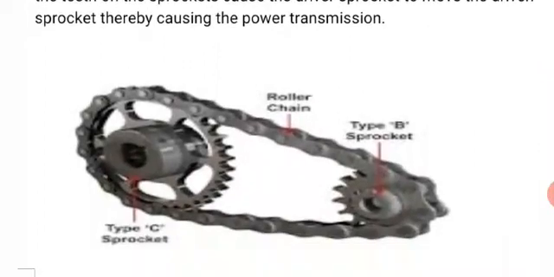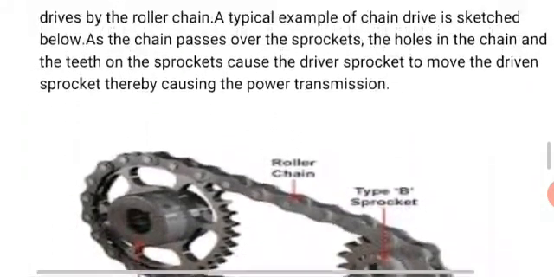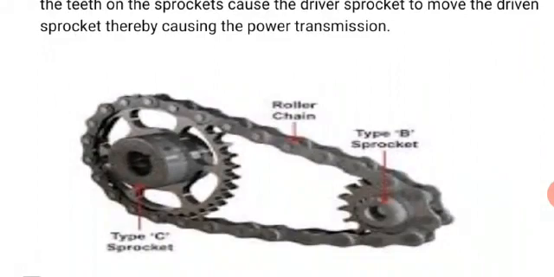Let us see a typical example of a chain drive. This is a typical example of a chain drive. It has two sprockets, named type B and type C, and we also have the roller chain. So that is how a typical chain drive looks.